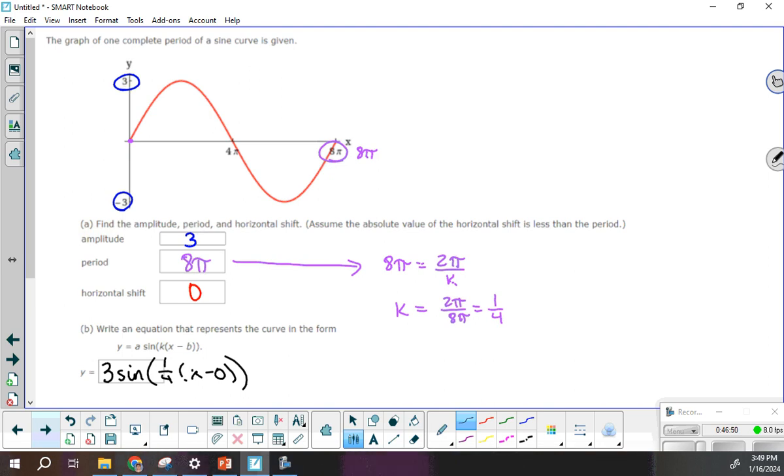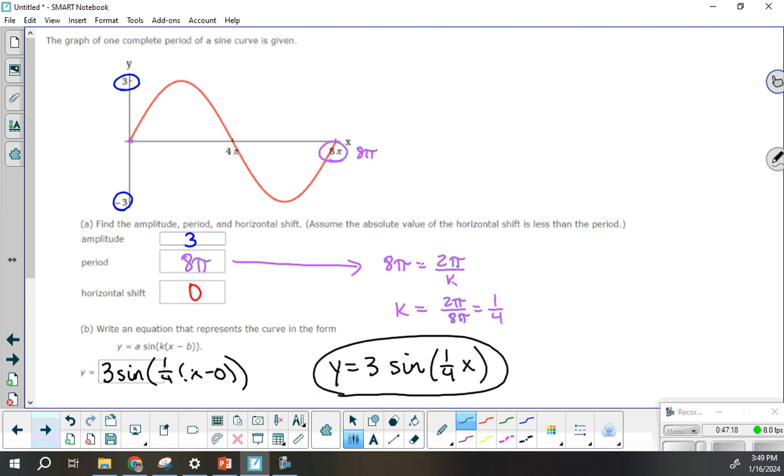So you could just write this as y equals 3 sine of 1/4 x. That would be the equation, because we did not have a horizontal shift or phase shift.